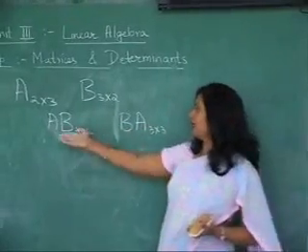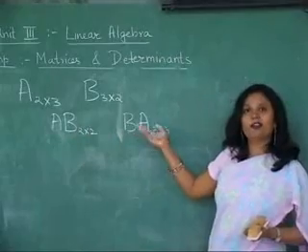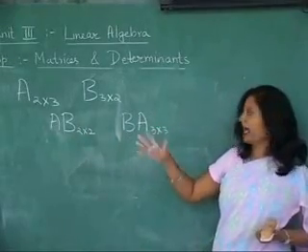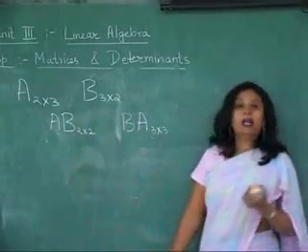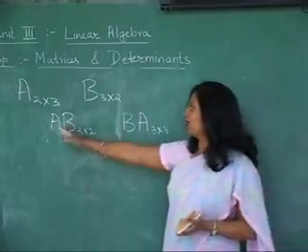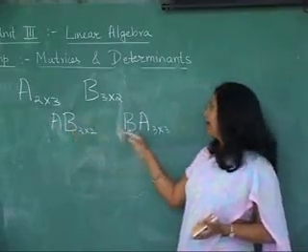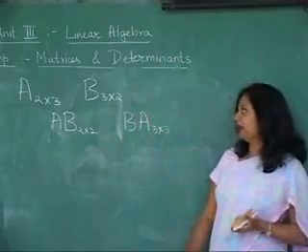One possibility is that the two matrices have different orders and therefore they are not equal. Another reason, as I mentioned earlier, is possibly AB exists but BA does not exist, or the other way around.